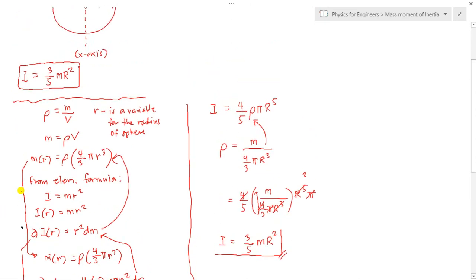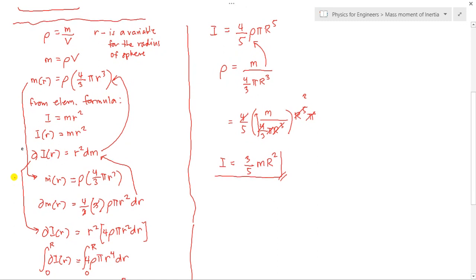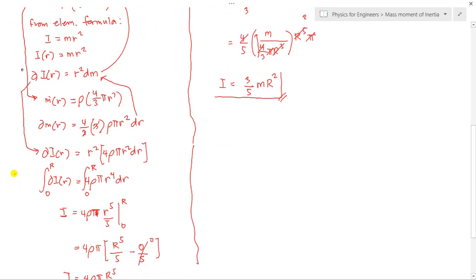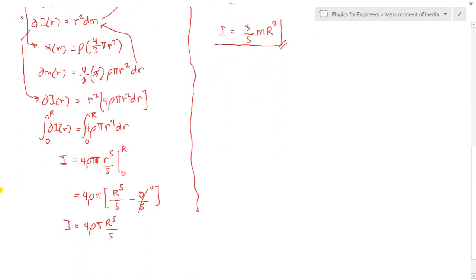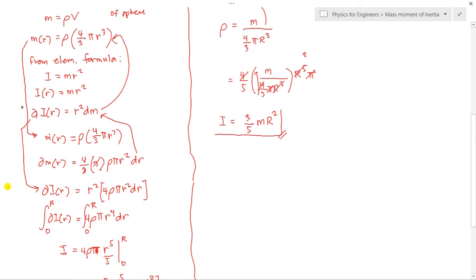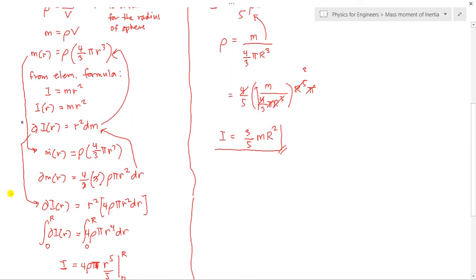So again, the volume of the sphere is 4/3 pi r cubed. Then we substitute, so I think it is okay. So it is indeed 3/5, that is 3/5 m r squared. So I think this solution is okay.